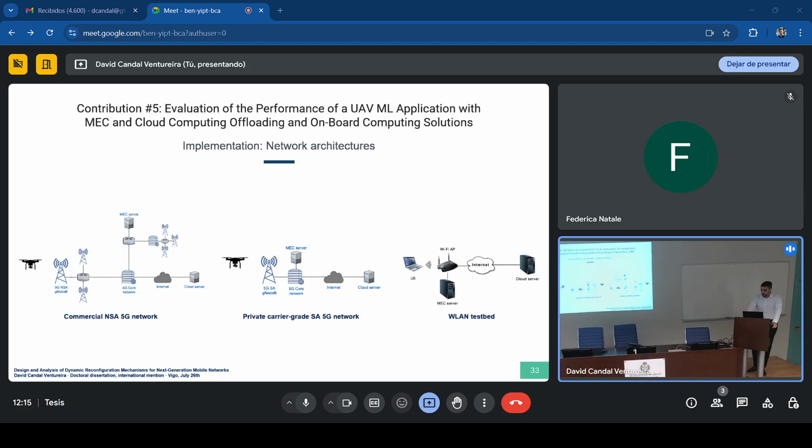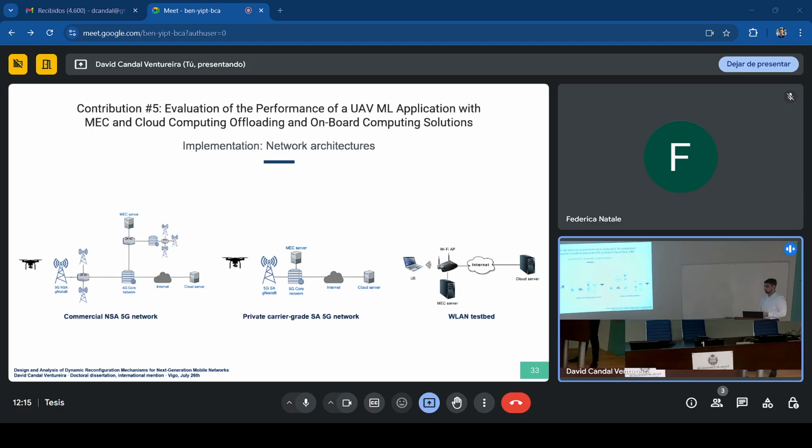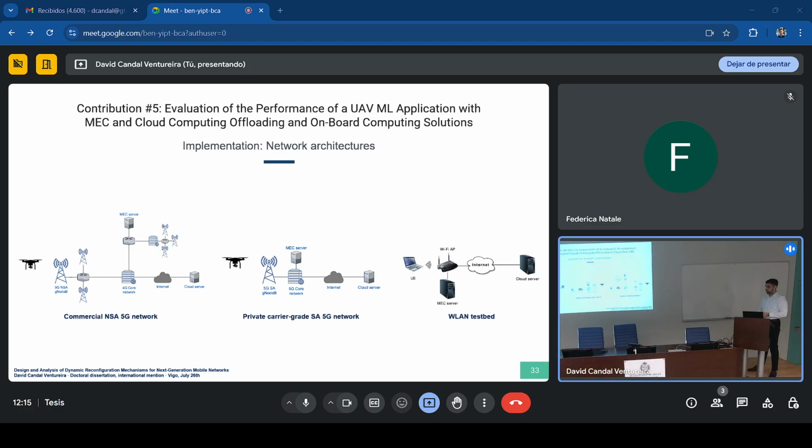The more relevant difference between the network setups is that whereas in our private 5G network the core network and the base station, everything is collocated, in the case of the commercial network, the base station is here. You can see it here, close to the university.